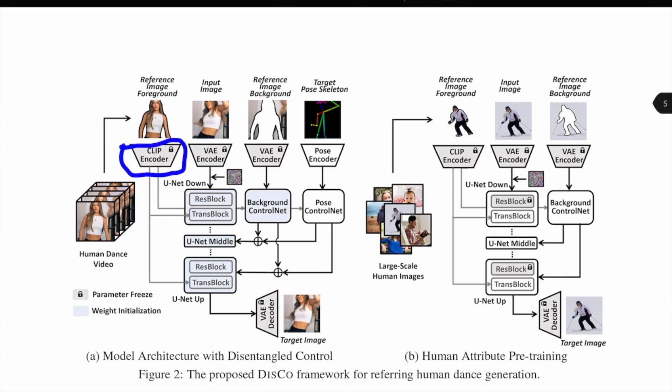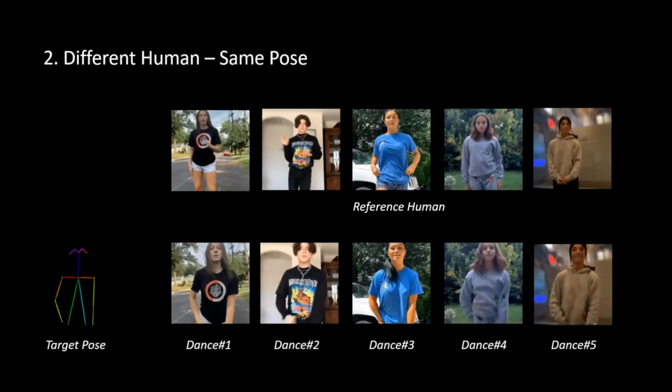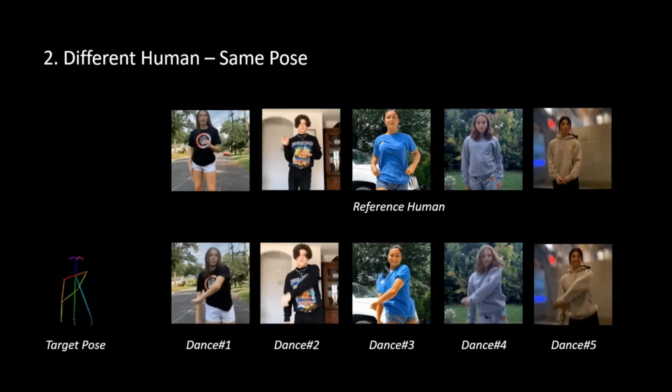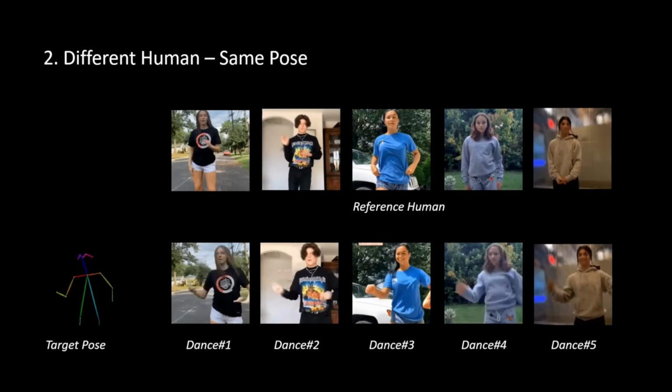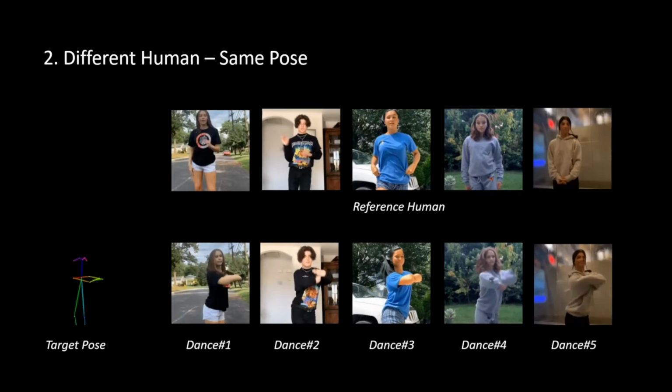I'm not going to go into all the mathematical results as far as the quality. However, it's enough to say that it's quite good, especially compared to DreamPose, which is one of the main things they were comparing against. This is an example of what can ultimately be achieved. You can see the videos here at the bottom. There's 5 different reference humans and backgrounds with the same target pose in each of these, and you see the dance goes quite well.